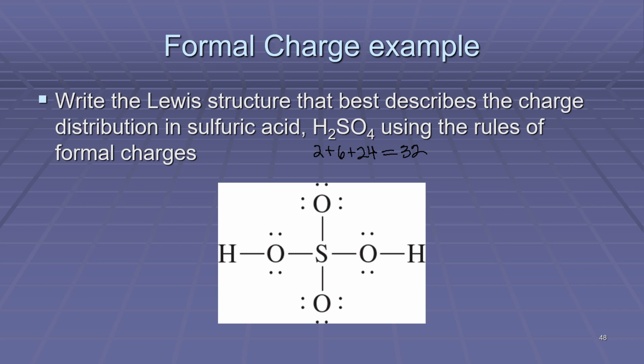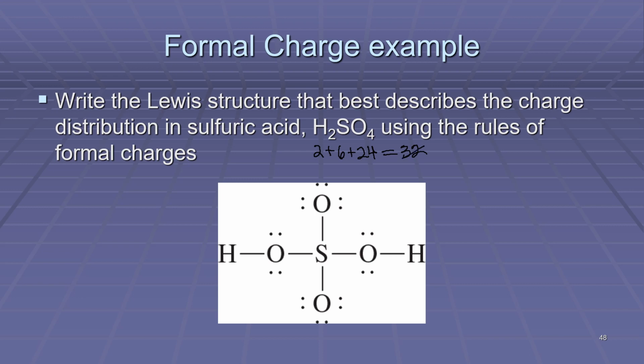So sulfur is actually bonded to all 4 oxygens, and then each hydrogen bonded to each oxygen. So you can see here we have 2, 4, 6, 8, 10, 12, 14, 16, 18, 20, 22, 24, 26, 28, 30, 32. So we've used up all 32 electrons, and this is the structure we have.